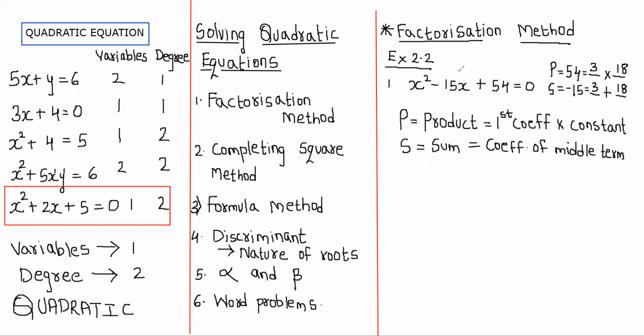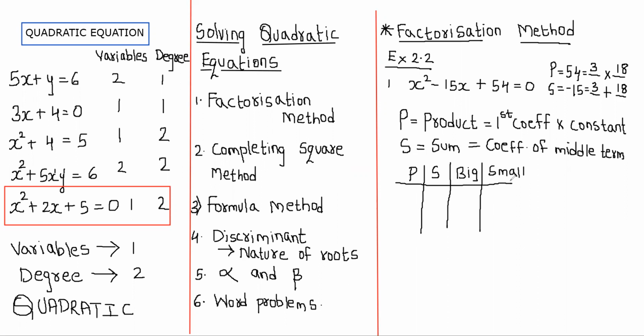If you think by logic, you will get the answer. If you can't use logic, here is a table, students, which will help you to give the signs properly. So this is P and S. Okay. And whatever two numbers we find, students, normally one number is a bigger number and the second is a smaller number.